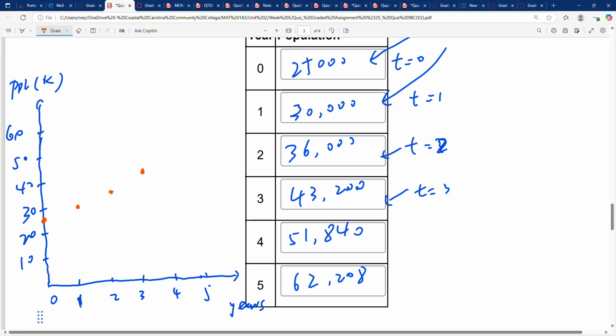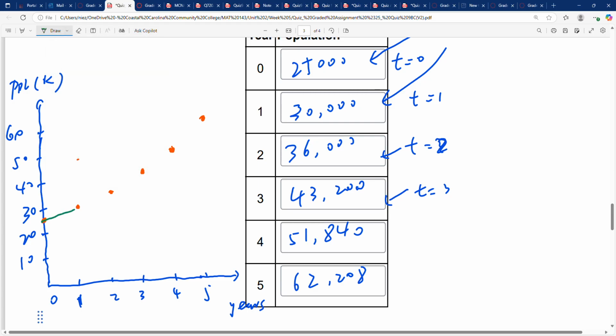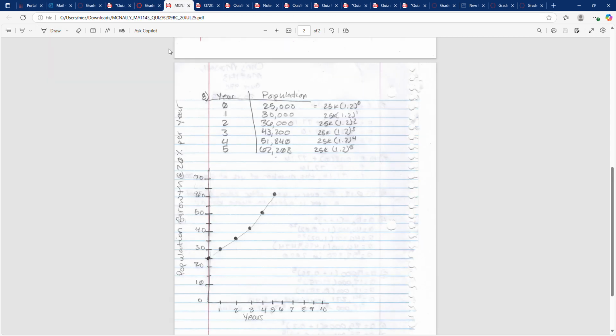And year 3, 43,000, around here. Year 4, 51,000, around here. Year 5, 62,000, here. You see, it's not a straight line. You connect them and it will be a curve. It increases faster and faster like this. It's a curve.